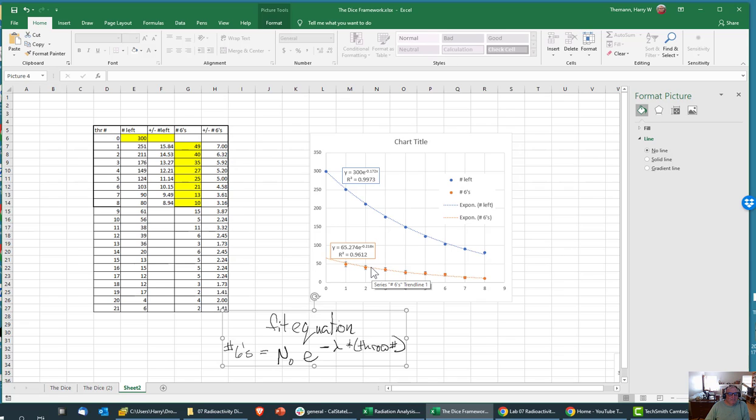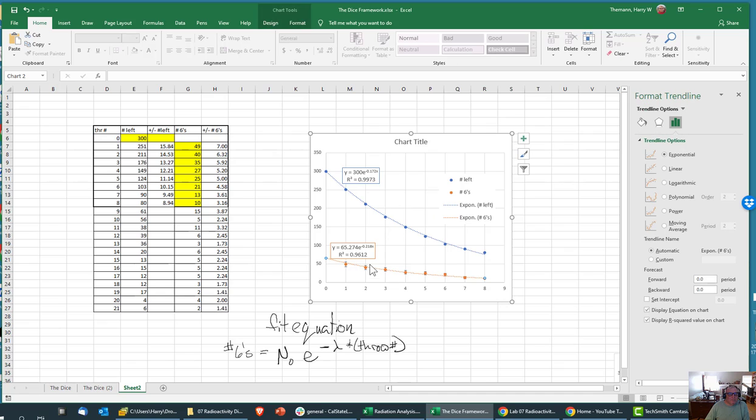Now, I'm not quite sure why they wanted us to plot down below here, but it's the one above that counts, and you see N sub 0, that is the 300, and this comes out of the math.